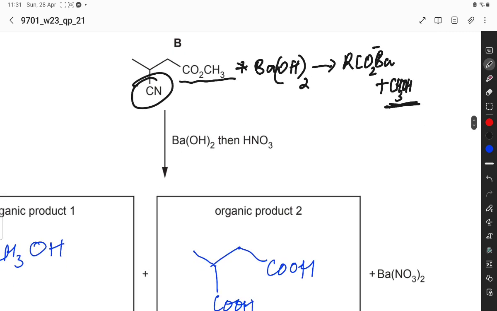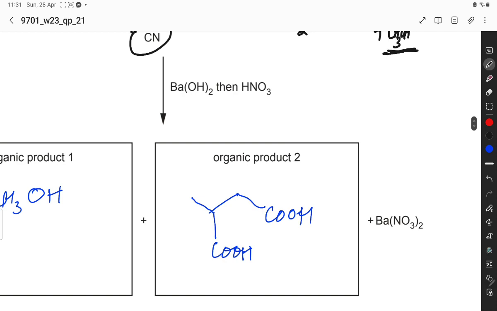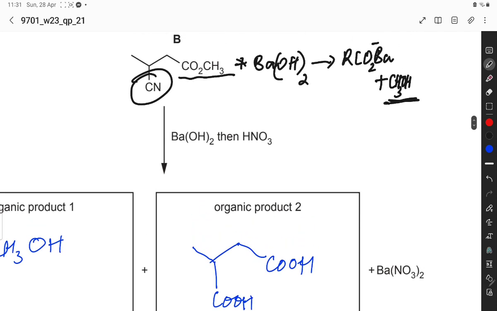So barium nitrate is also formed in this reaction, because nitric acid reacts with this compound. First add barium hydroxide, then this compound changes into carboxylic acid, plus barium nitrate.